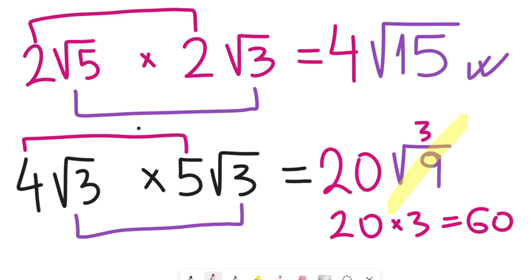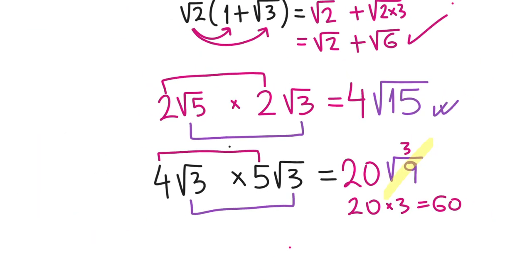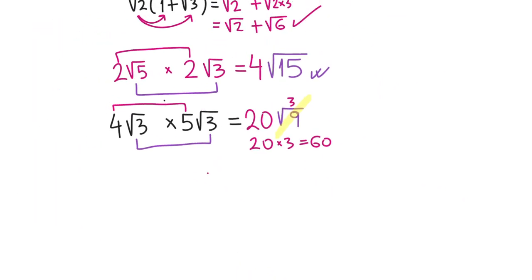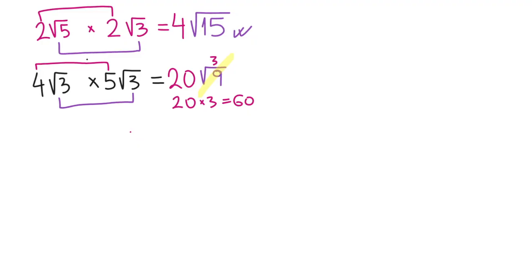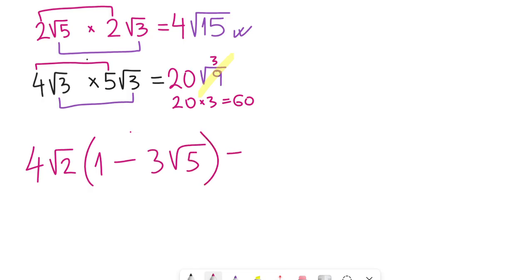Please make sure that you copy this one because this is probably one of the most important parts of the lesson today. Okay, I will keep it here while we work on the next example. This time we have 4 radical 2 multiplied by 1 minus 3 radical 5. So we multiply this by 1. 4 radical 2 multiplied by 1 remains 4 radical 2 minus.